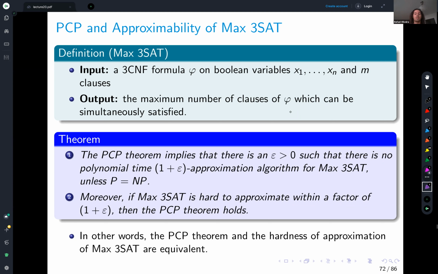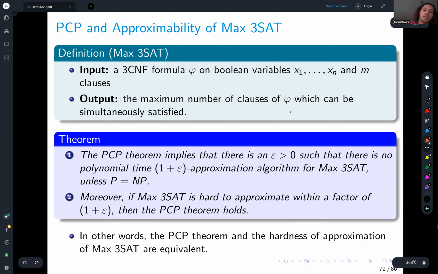And this is the content of this slide. So what is Max 3-SAT? The Max 3-SAT problem is the following. Your input is a 3CNF formula on Boolean variables x1 up to xn and m clauses, and what we want to output is the maximum number of clauses which can be simultaneously satisfied. So what is a 3CNF? Let's do an example.